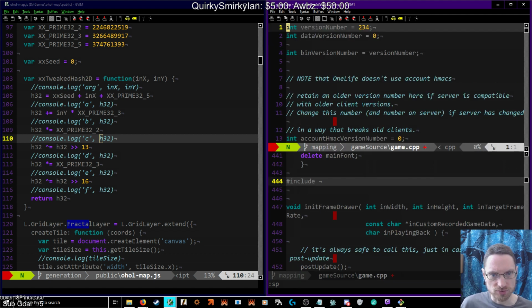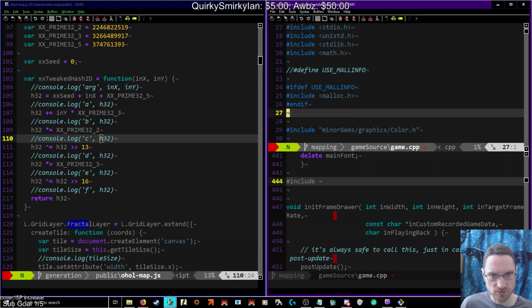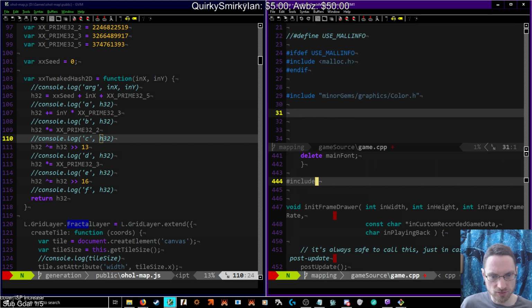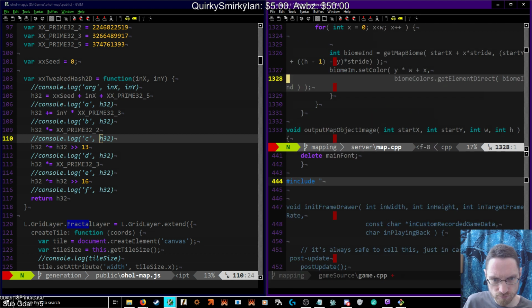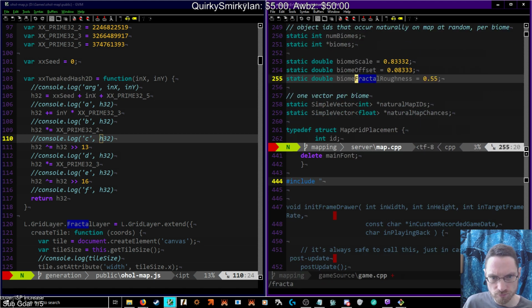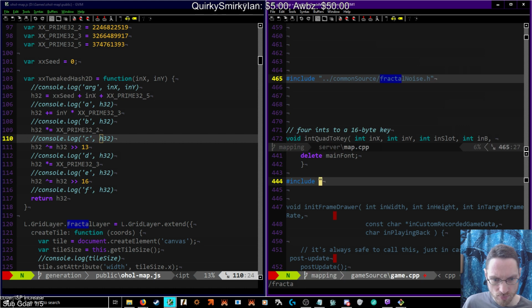Shoot. Which is the syntax? Local, local, local. Except your common source? You are game source, so it's going to be the same relativity.